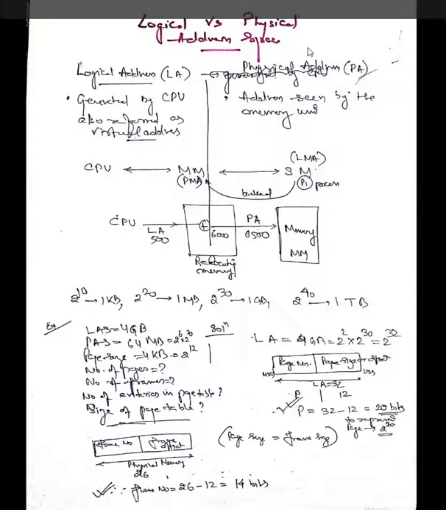The physical address requires data in the memory. Here we need data, whereas this is a virtual form of addressing. So in the physical address, we need the data required in the memory. The user never directly deals with the physical address, but can access it through the logical address.